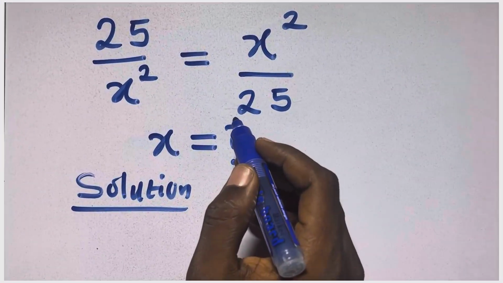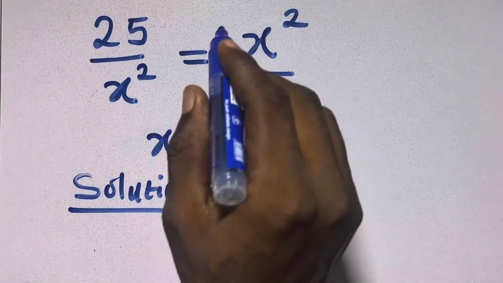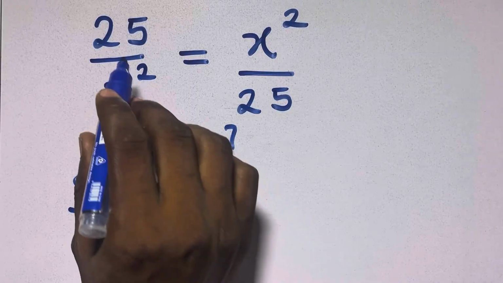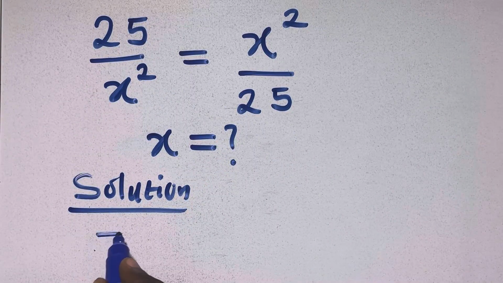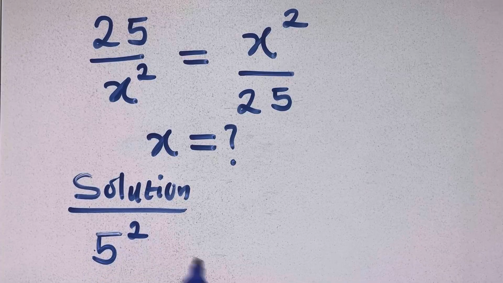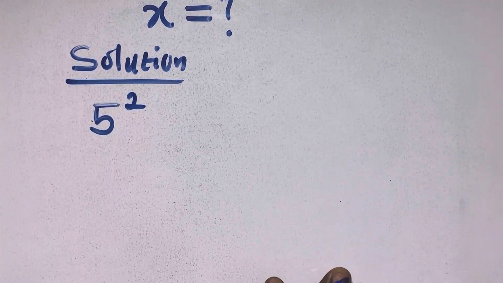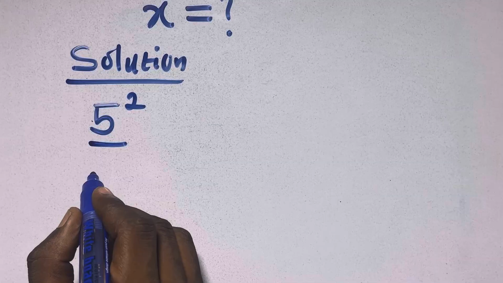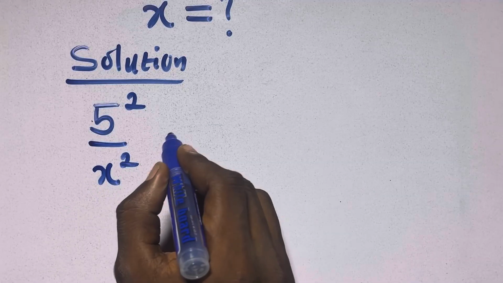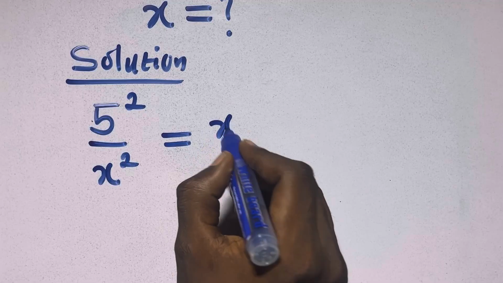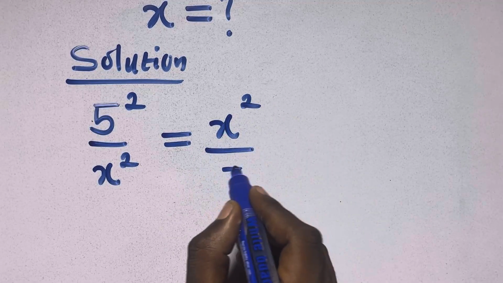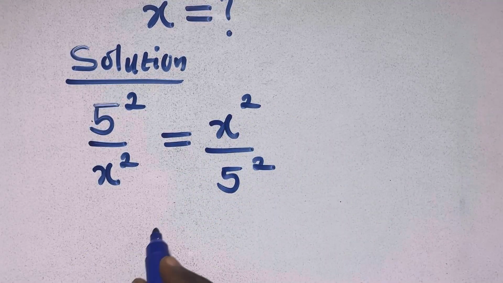So the first thing that will cross our mind is to cross multiply, right? Let's do that. But before we do, let's express 25 as a power of 5. So we have 5 raised to the power 2 divided by x squared equals x squared divided by 5 squared.